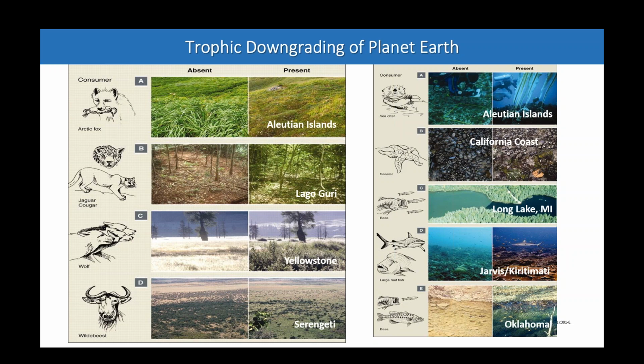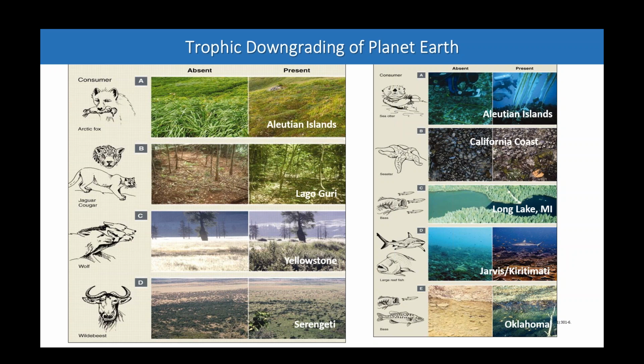Image B is Lago Guri, Venezuela, where an area was dammed, creating islands of various sizes, from very, very small, like the size of an office room, to islands that were thousands of hectares in size. And the small islands were too small to sustain predators.